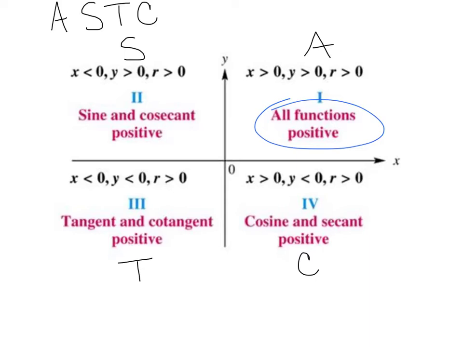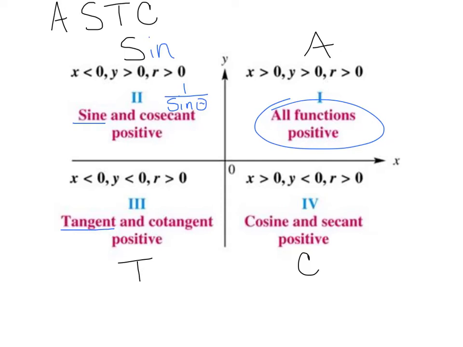The S for students stands for sine. So in quadrant 2, sine is positive. Because sine is positive, cosecant has to be positive because cosecant is the reciprocal of sine. In quadrant 3, we've got our T for take. That stands for tangent. The tangent is positive in quadrant 3.